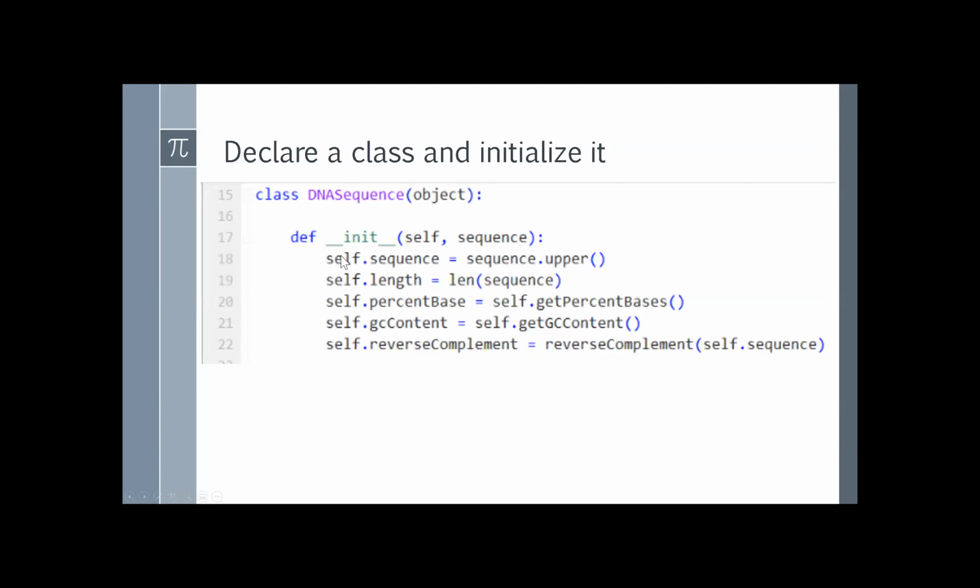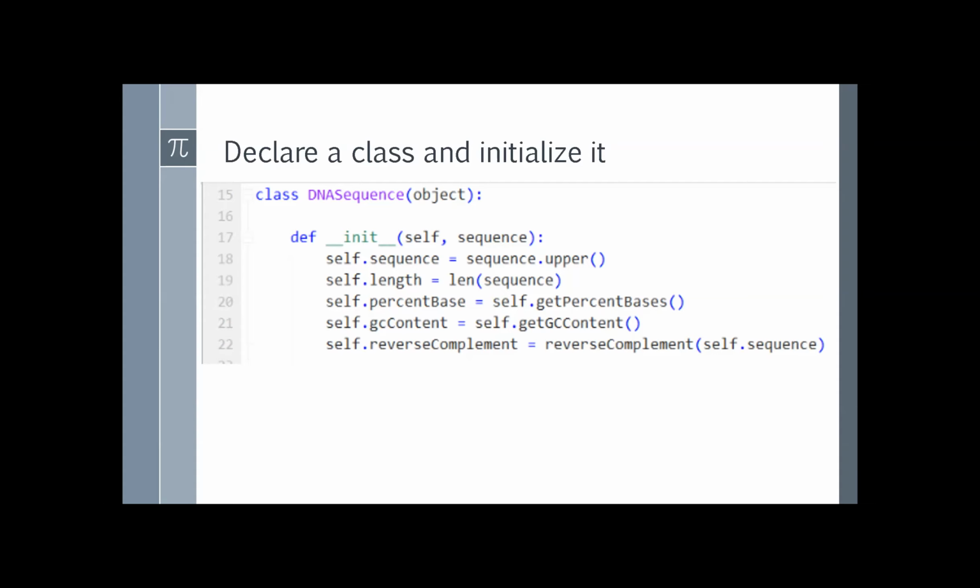Self is referring to stuff that relates to this DNA sequence class object that I'm building. Does that answer your question, Mo? So we can't call self.upper because there is actually no upper function in sequence.